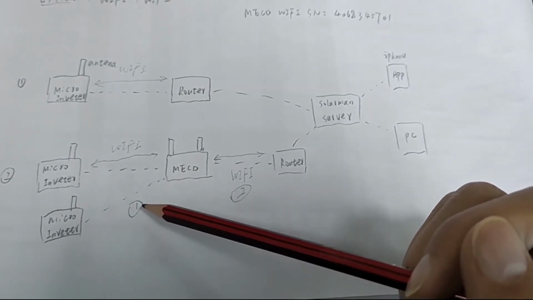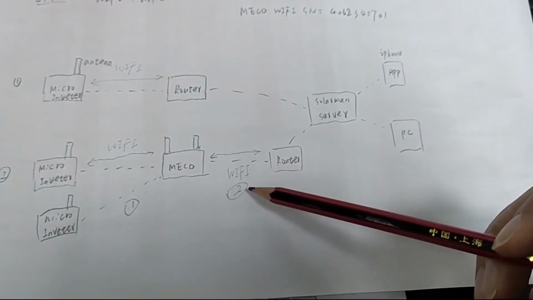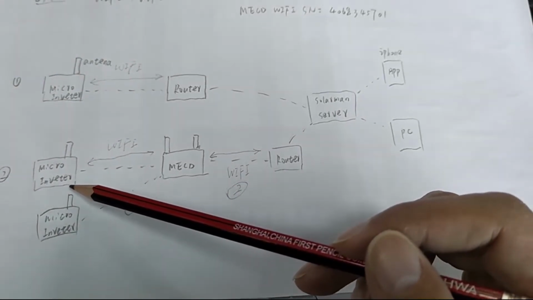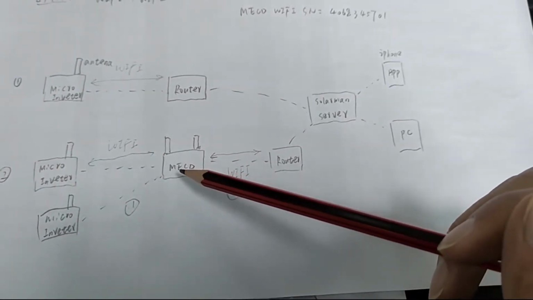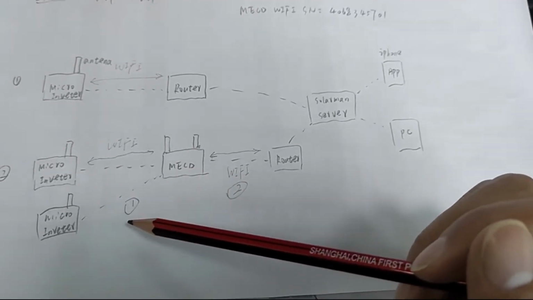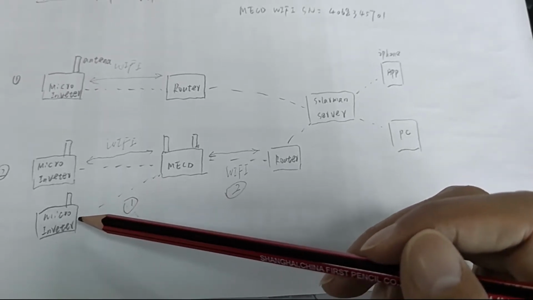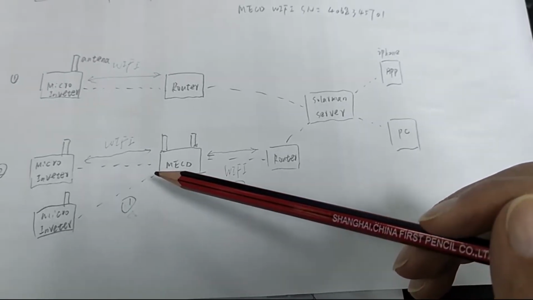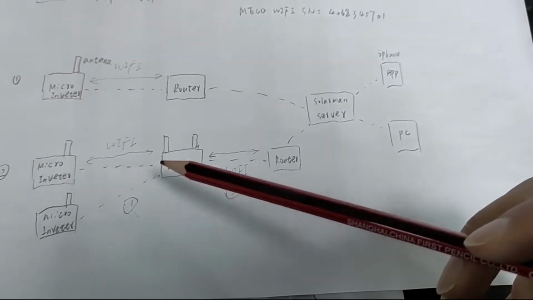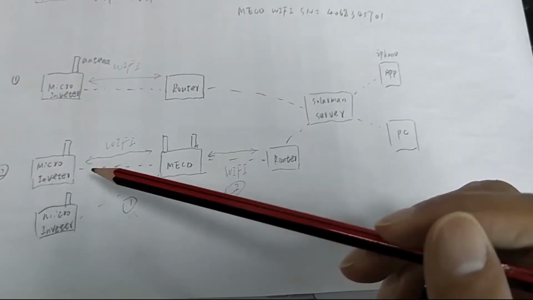We call it step 1. And the MECD communicates with the router, we call it step 2. If you buy the Wi-Fi type microinverter and the Wi-Fi type MECD from us together, then you don't need to do this step, because we did the configuration in our factory. When you turn on your microinverter and MECD, they will communicate automatically.